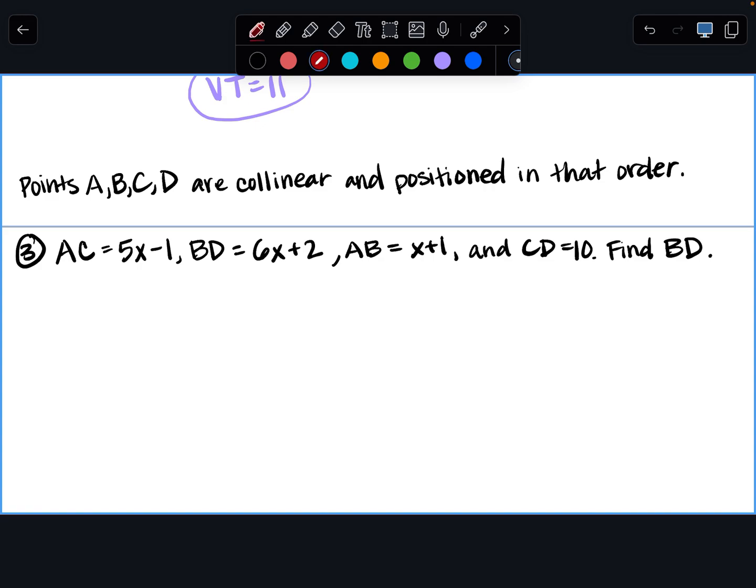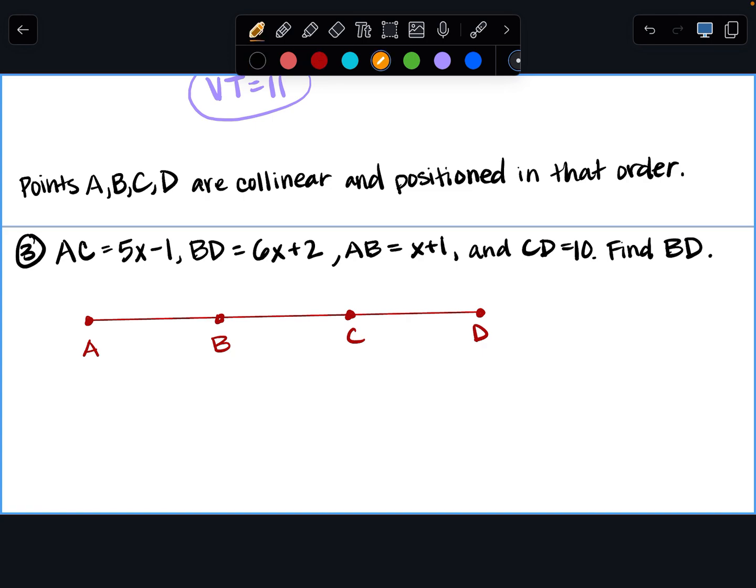So the first thing you'll need to do is sketch. So you need a line that has 4 points. It doesn't matter how far apart spaced they are, just you need a line with 4 points. That's what you have to start with, A, B, C, and D. And now you just start labeling things.